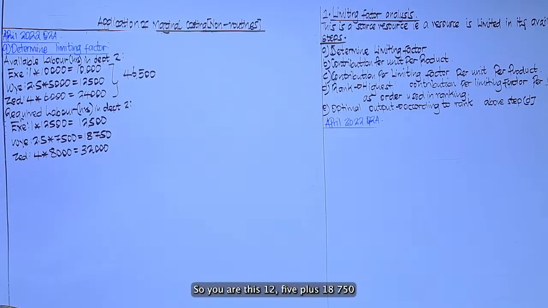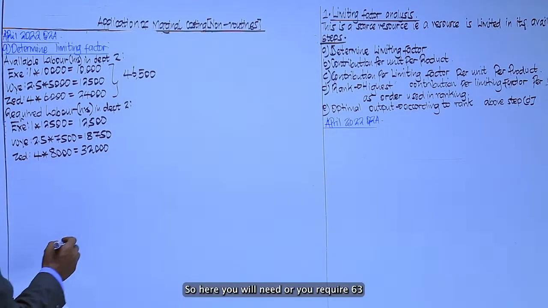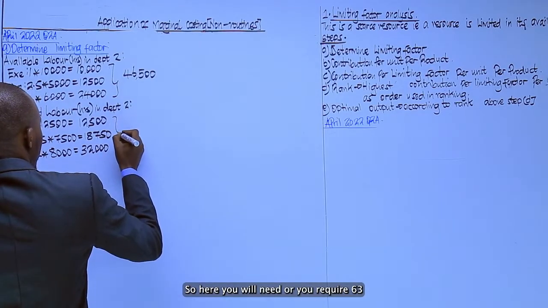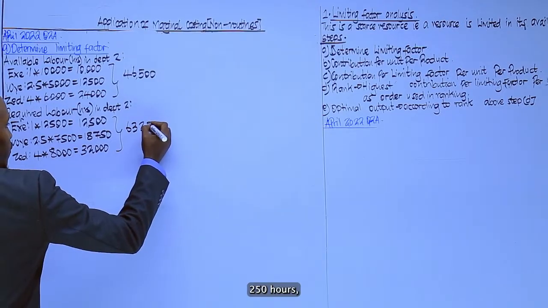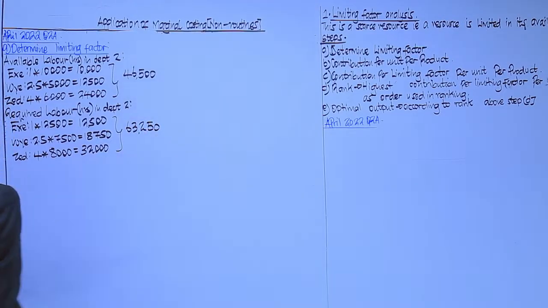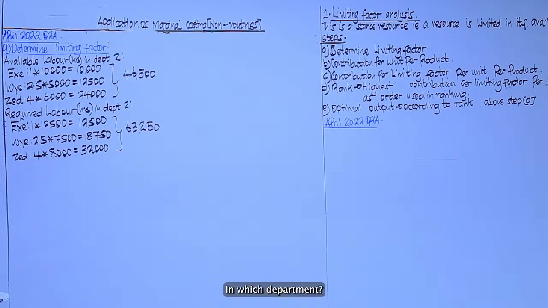So you add this 12,500 plus 18,750 plus 32,000. So here you will require 63,250 hours. 63,250 hours in which department? In department 2.